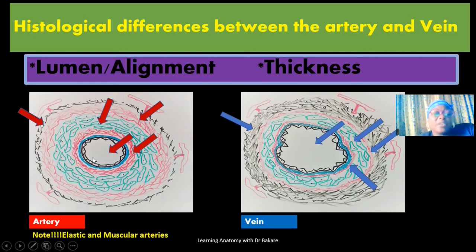And if you look at the histological presentation of the artery, you see that the tunica media, which is the region highlighted in green, and also banded with the elastic lamina on the inside and on the outside, is thicker than what is presented in the vein. So this thickness is what provides the momentum to drive or push the blood flow within the artery under high pressure.